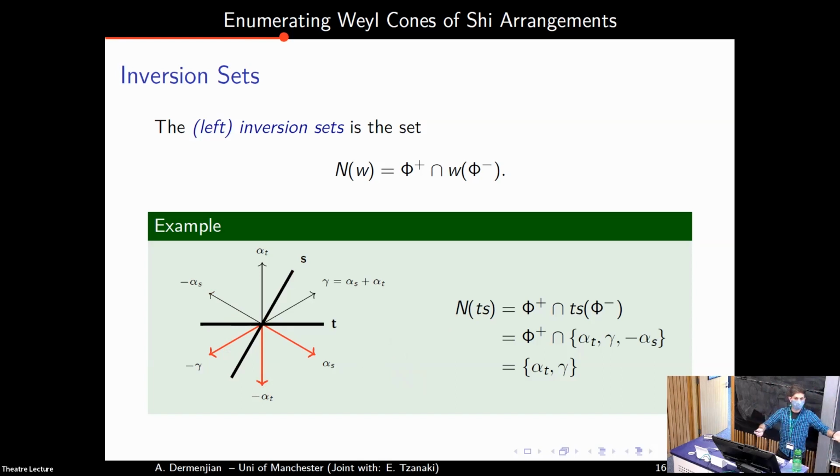Then I act on them by T, reflecting over this hyperplane, and I'm left with these three roots. I'm left with exactly two positive roots, alpha T and alpha S plus alpha T. And that is my inversion set. So that's how we're doing these inversion sets.